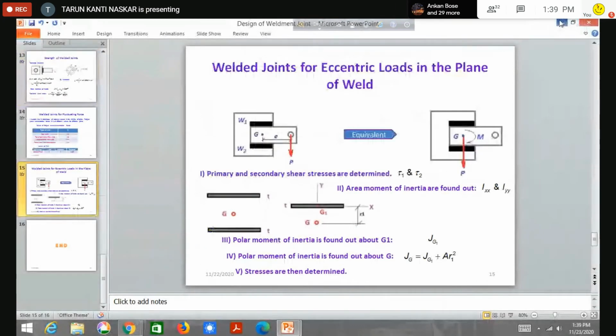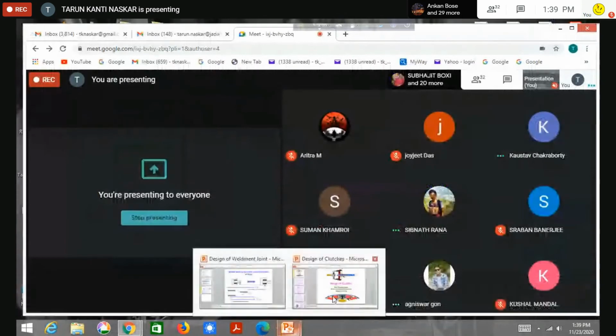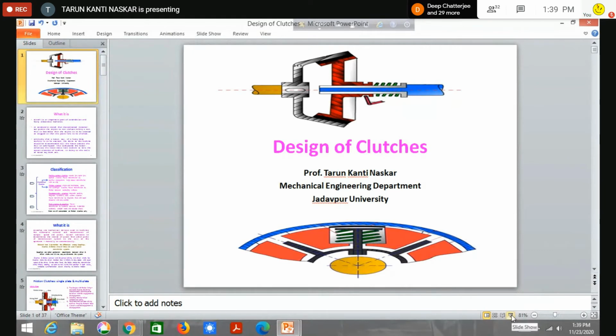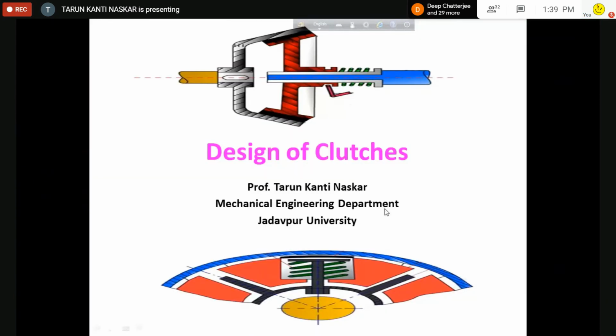Now I will start an interesting chapter, that is design of clutches. You have the idea of what a clutch is, and those who have some acquaintance with automobiles have that idea of how a clutch is used.